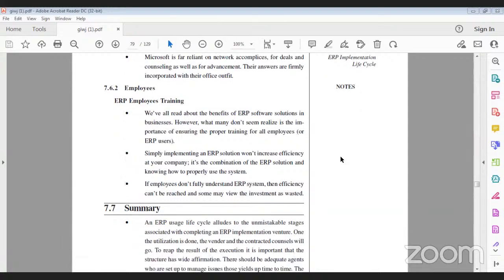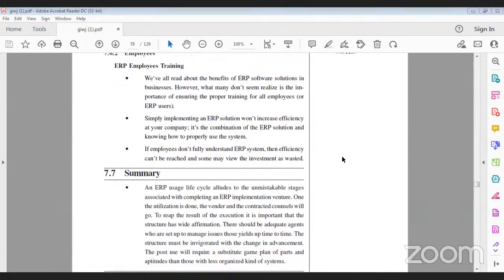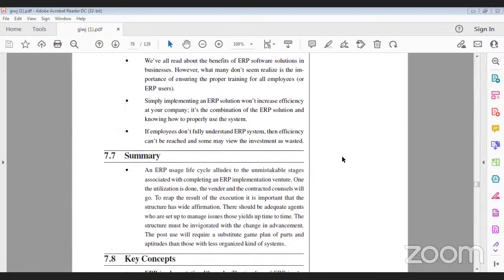The vendor and the contract councils will go on to reap the results of the execution. It is important that the structure has widened affirmation. There should be adequate agents who are set up to manage the issues of those yields up to time.